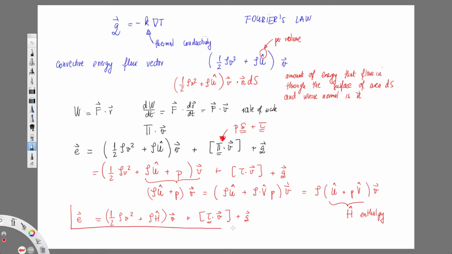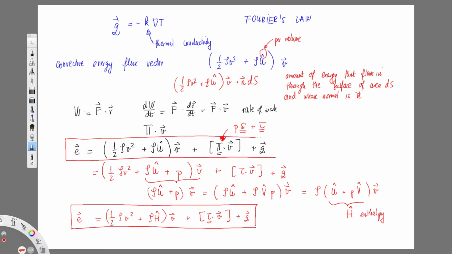So this is 1. This is the original. So this is the energy flux vector. Again, nothing has really changed.